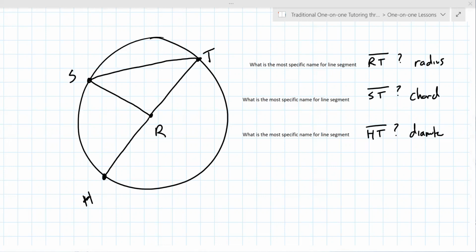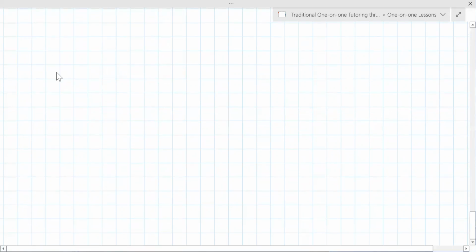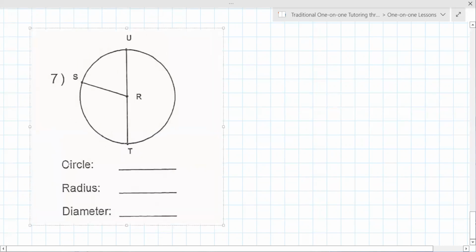Let me grab one here. I'm going to make a small modification to this question, but let me snip it in if you just hold off on looking at the screen for a moment. We'll do one more problem here. Okay, if you want to look at your screen now, there's a circle drawn.